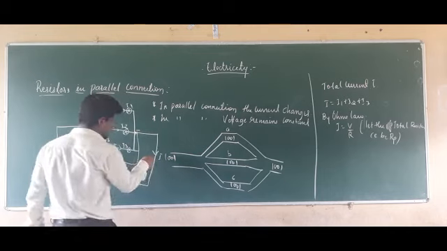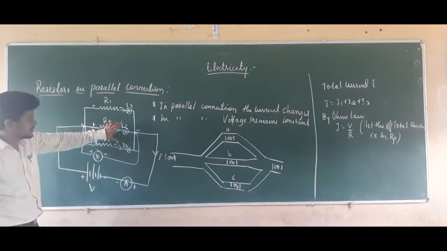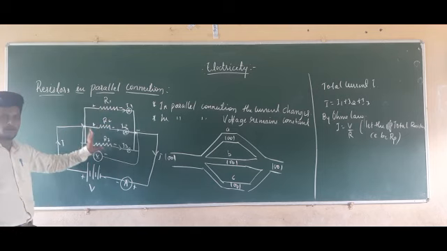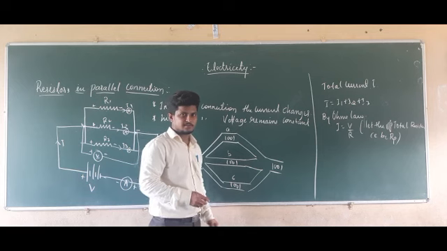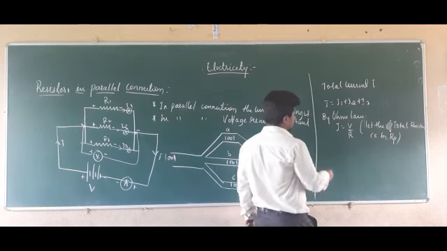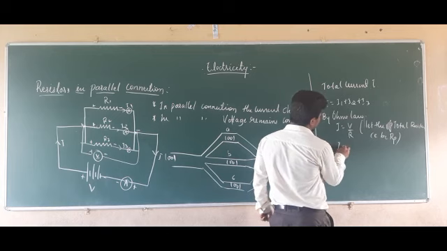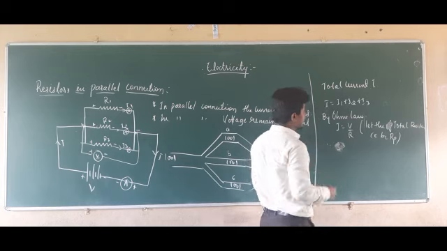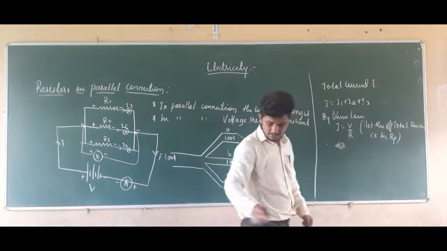To find the total current here, we require the total resistance, which considers R1, R2 and R3. So let that total resistance be RP. Therefore, I equals V by RP.